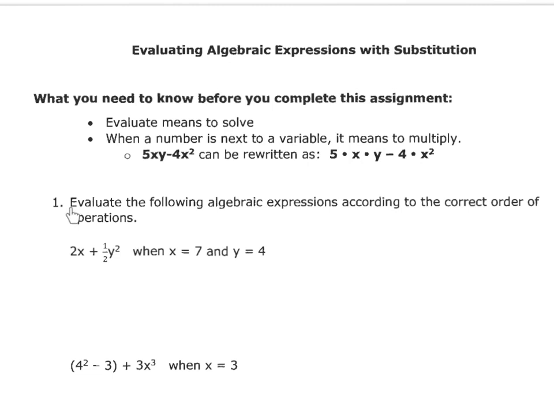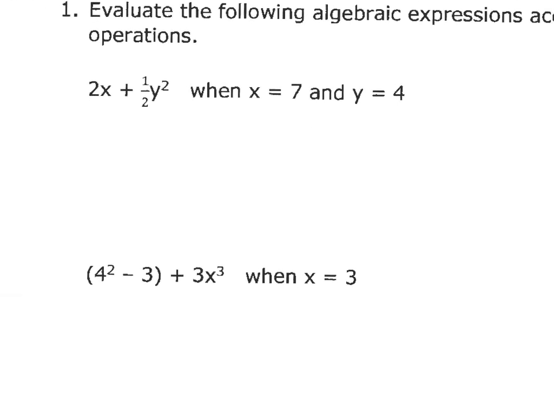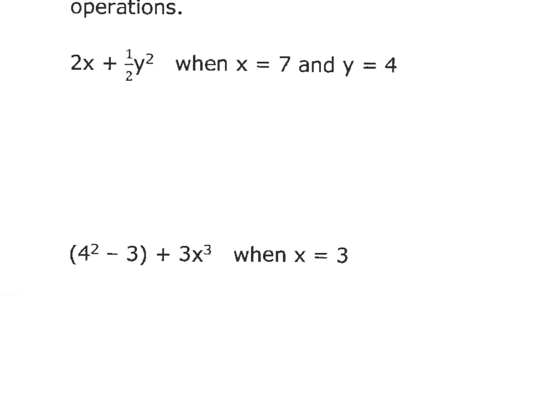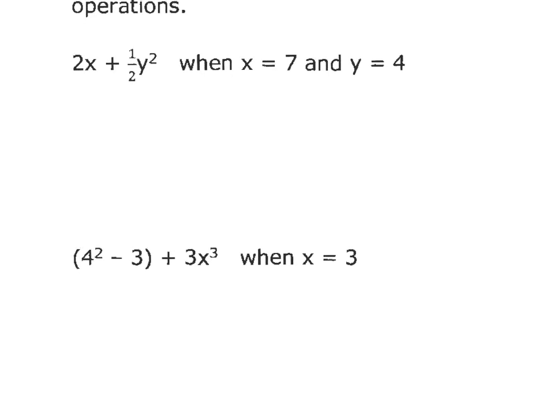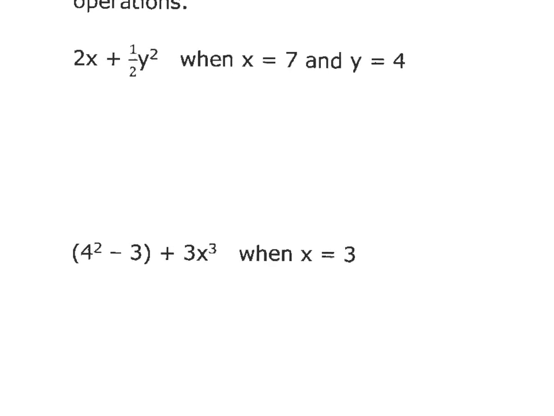So for number 1, evaluate the following algebraic expressions according to the correct order of operations. Here we can solve these because I'm giving you the values for x and y. For each of these problems, I'm going to rewrite it, so make sure you rewrite it with me, and then I'm going to let you solve these on your own.